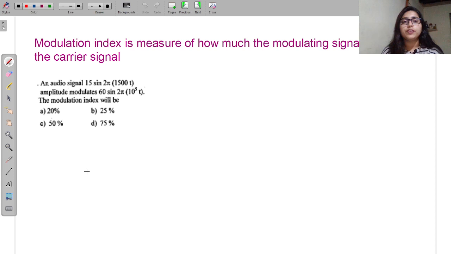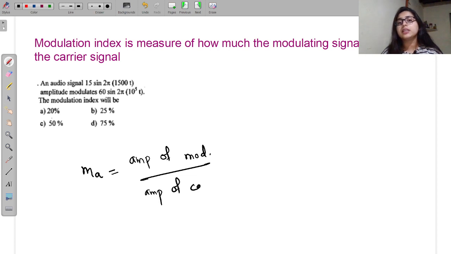So here we can say, if I consider MA as my modulation index, that will be equal to the ratio of the amplitude of the modulating signal to the amplitude of the carrier signal. So here I can write it as maximum of m of t divided by AC.